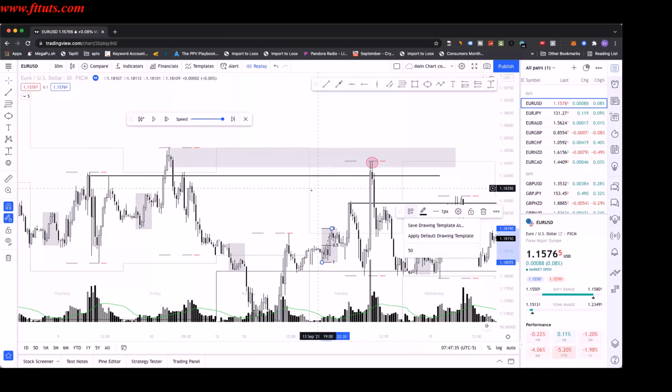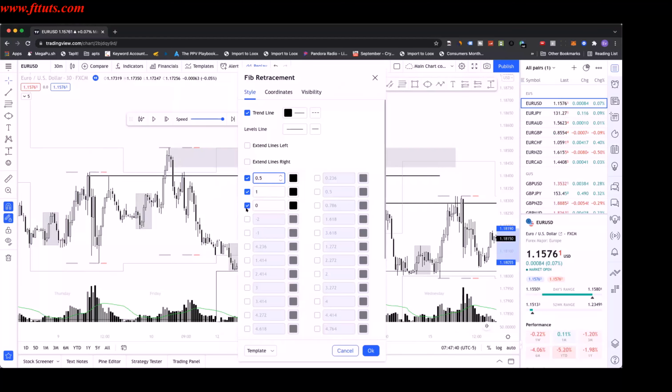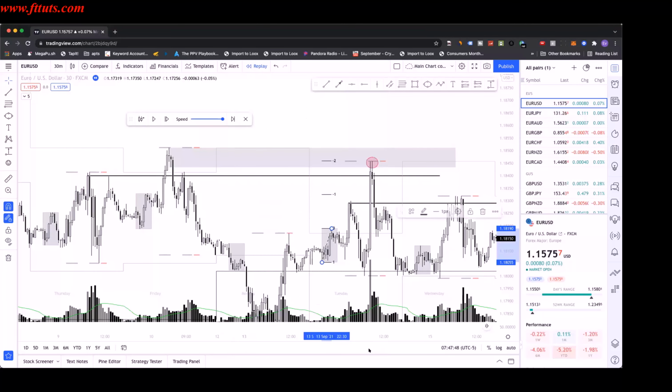Shoot, I didn't save that setting. Hold on. Okay, so we have our standard deviation of 2 lining up with this POI here, and you can see it taps it right to the pip.